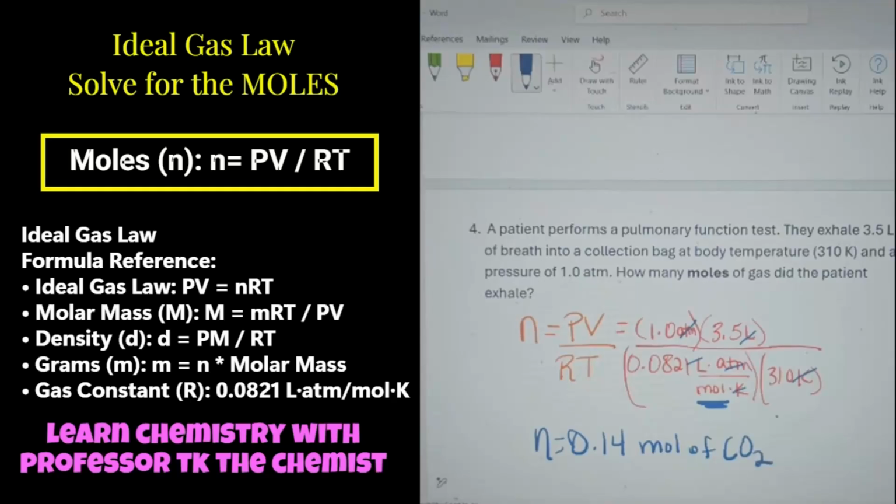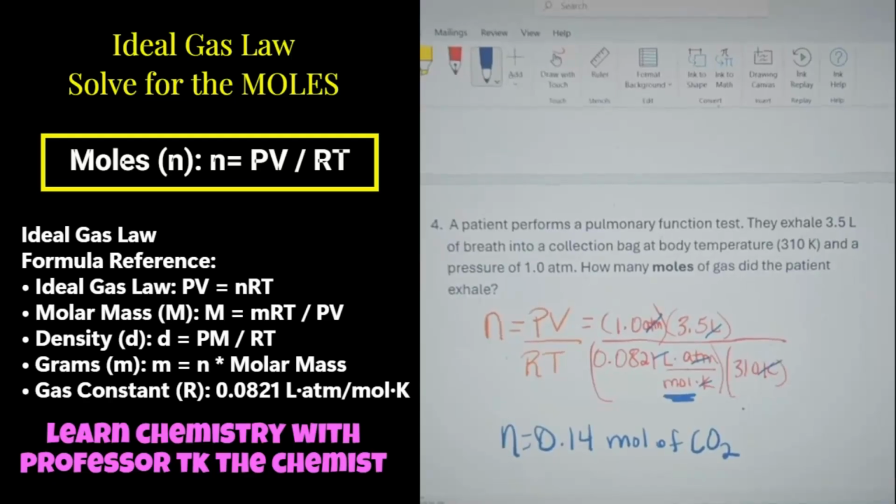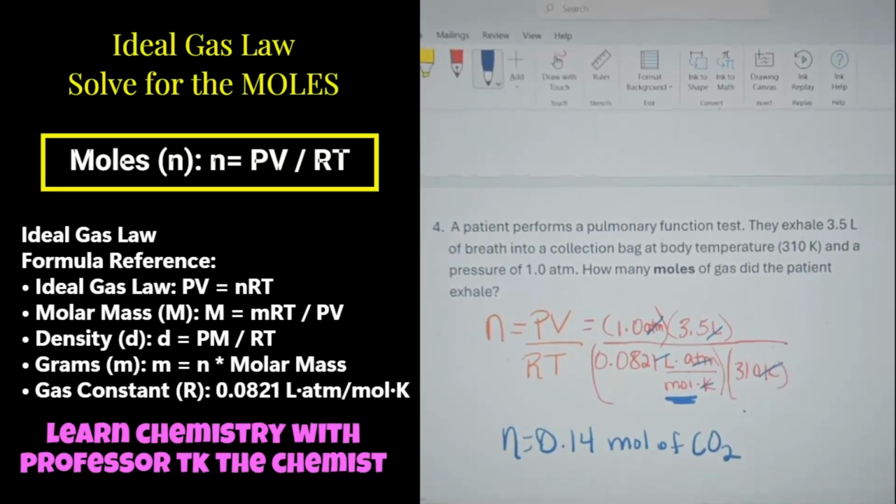So if I ask you as an advanced question, I could easily say, calculate the grams of the gas. But I did not tell you what the gas was. I am testing your ability to see if you can read between the lines of the problem.